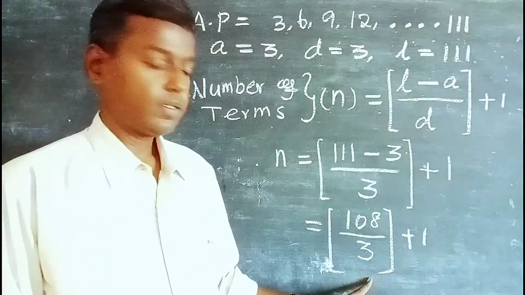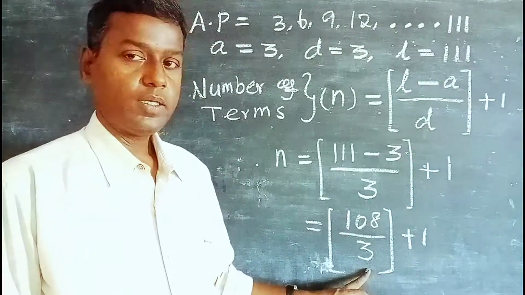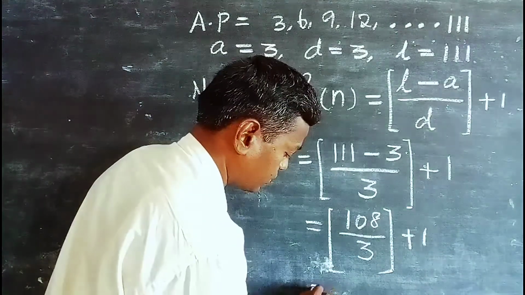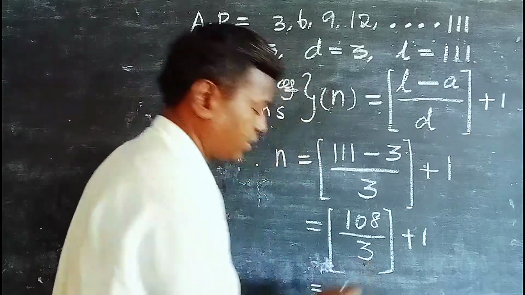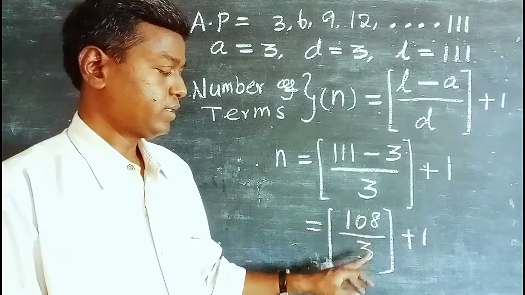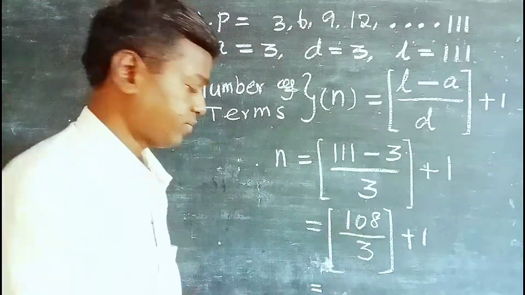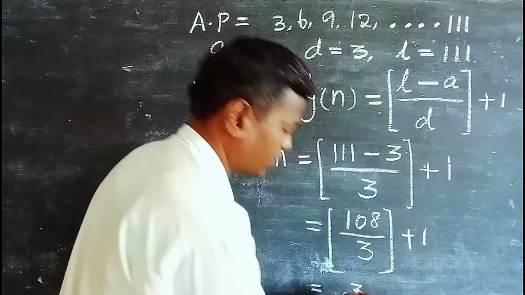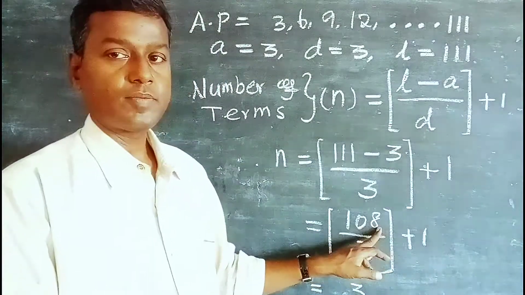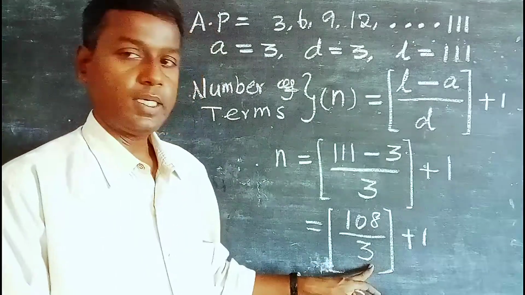108 divided by 3 we get, how many 3s are in 10? 3 3s are 9. Remaining 18. 6 3s are 18.